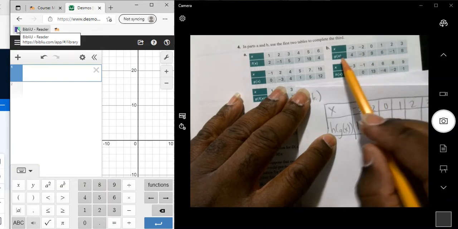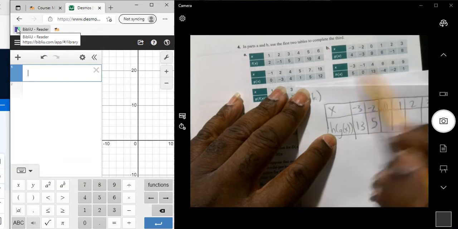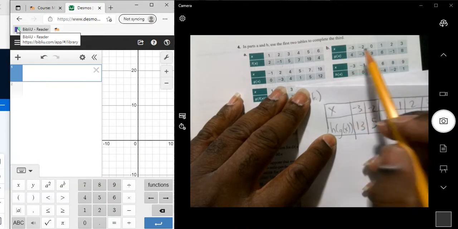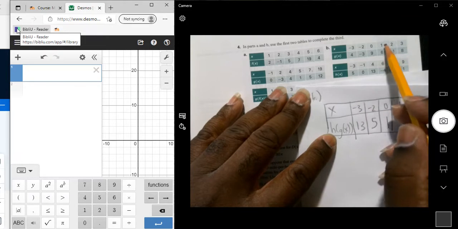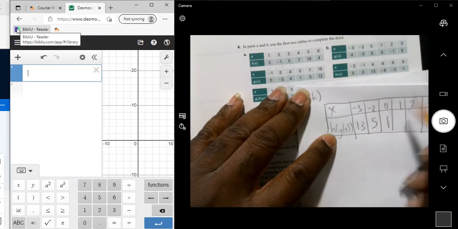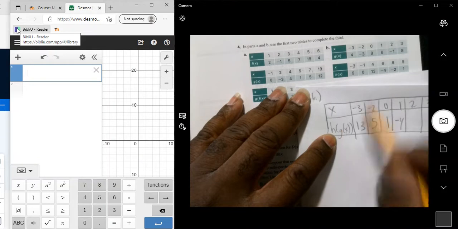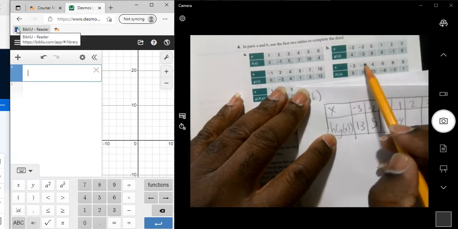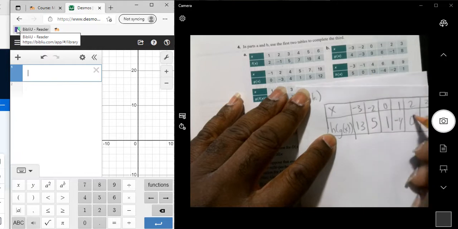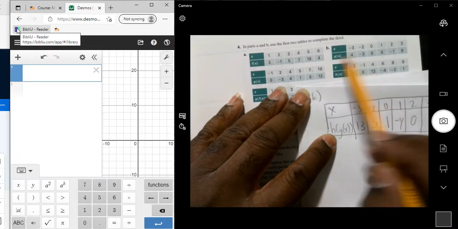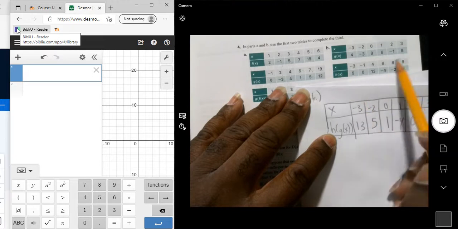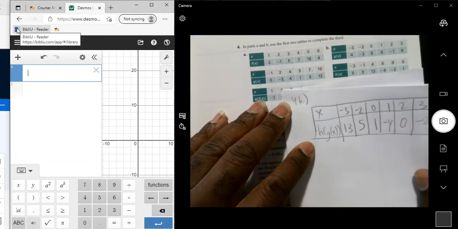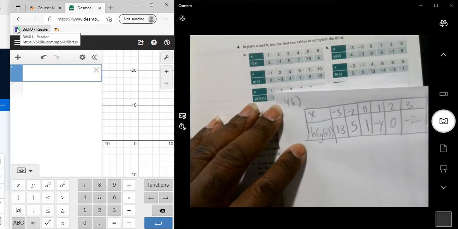Then g of 0 is 9, and h of 9 is 1. g of 1 is 6, and h of 6 is -4. g of 2 is -1, and h of -1 is 0. And then g of 3 is 8, and h of 8 is -2. And that is your final answer for this table.